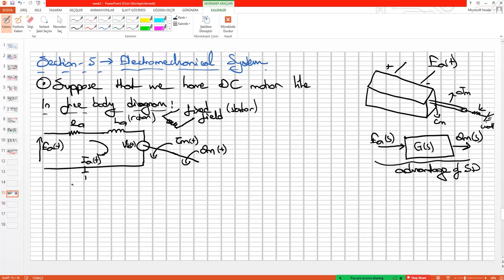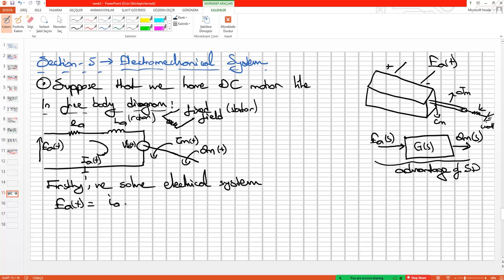So firstly, in order to solve it, we just solve the electrical system. Just like this one, we have the input voltage e_a(t) in here to drive the system, okay? And so we have an i_a current in here, okay?